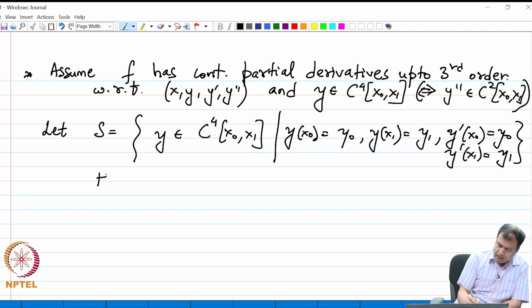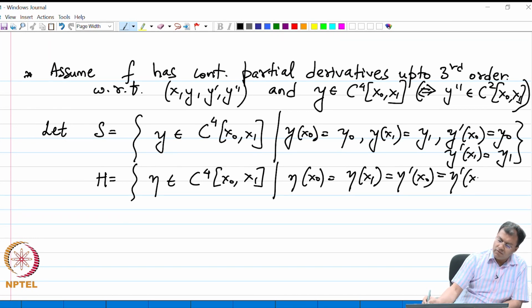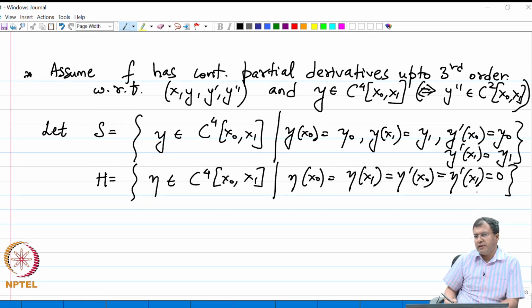And our perturbation set H is all eta also in C4 of x naught x 1 such that eta of x naught, eta of x 1, eta prime of x naught and eta prime of x 1 are all equal to 0. So, the perturbation set is such that the values as well as the values of the first derivative at the boundary points vanish.